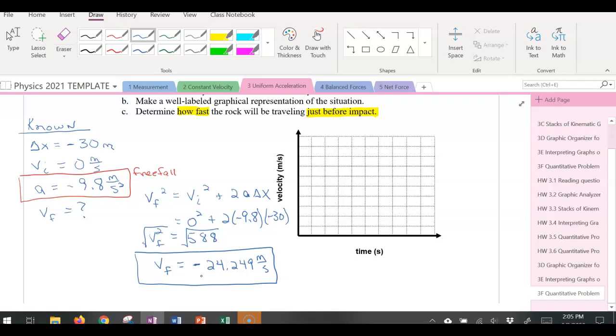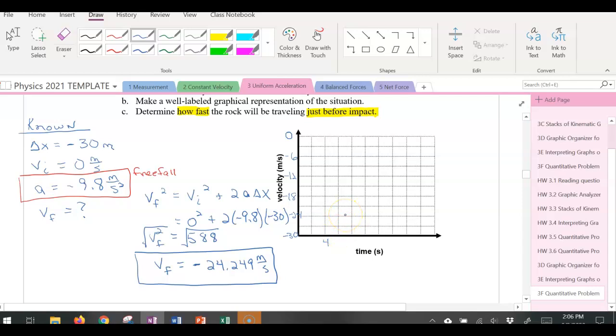Now, it is possible to solve and answer these questions using a graph, but it's hard to do. Let me give you a little bit of an idea for that. Here, the rock's initial velocity is 0, and I don't really know how fast it's going to get, but I'll use the same kind of scale that we've been using.